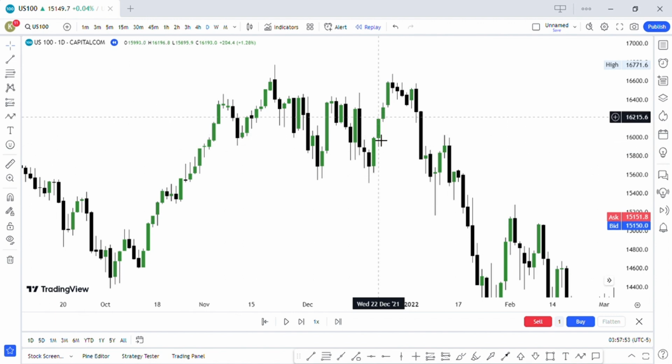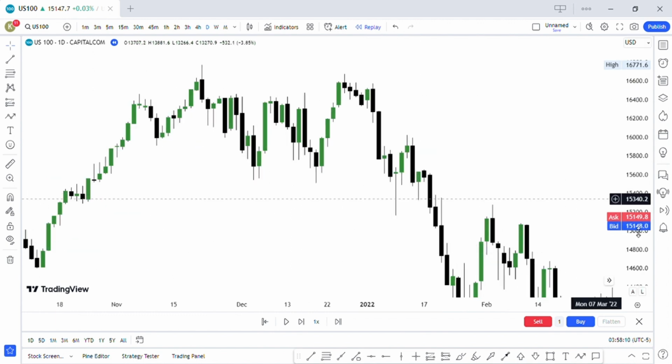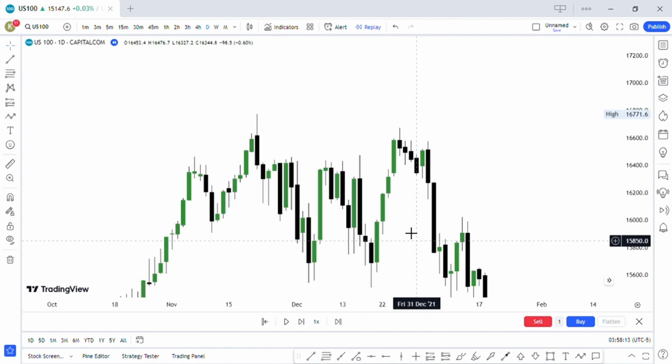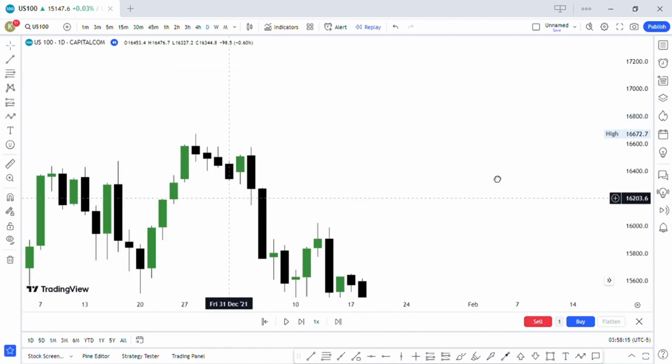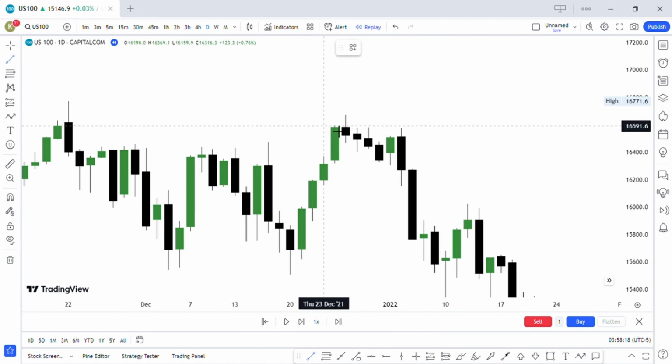Then the third day, the market closed above this high and above this liquidity point, this swing point. When it comes to Friday, the market made this high. Let me make this bigger. The market closed. This is our previous week's high.